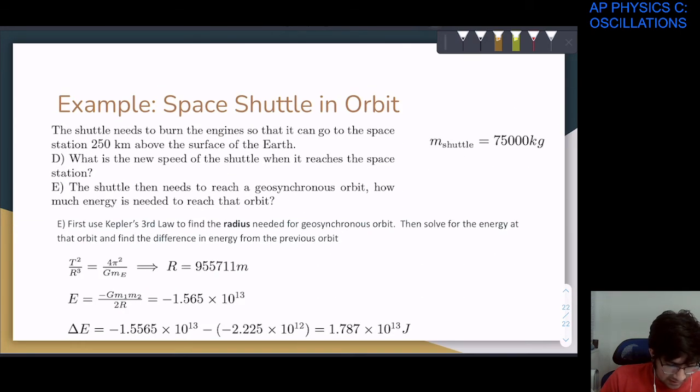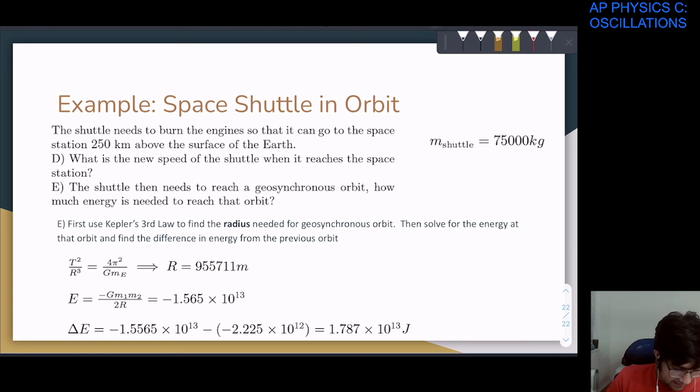And we know what r is, and we know what E is, from the earlier slides. What we can do is find the change in the energy between those two configurations.